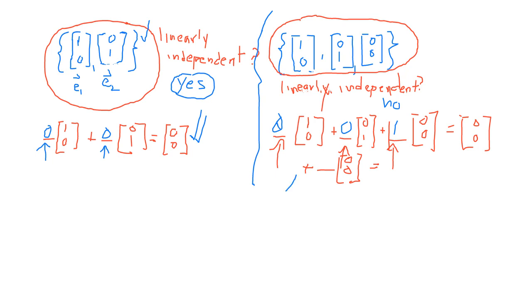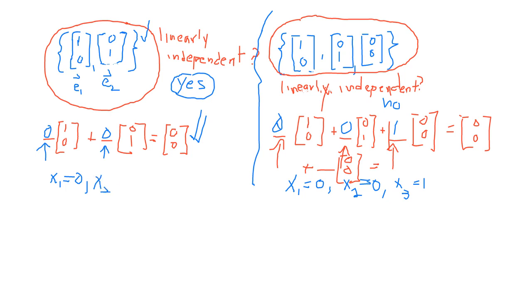That means x1 is 0, x2 is 0, but x3 is 1. Previously, for the first example, we had x1 equals 0 and x2 equals 0.